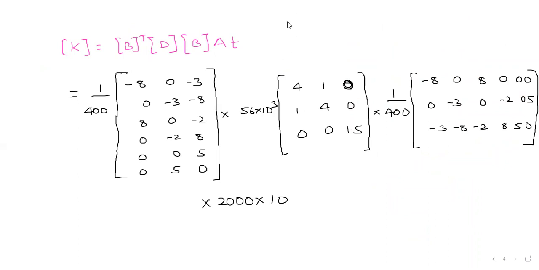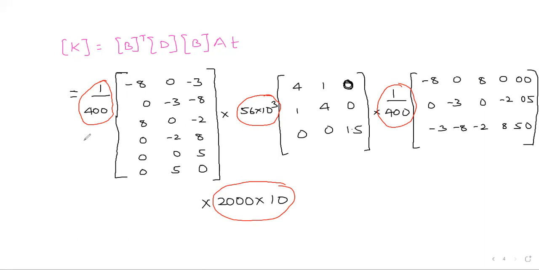Now how to calculate? That is the big question: how to calculate these things. If you see the size of these matrices, the first thing we will do is take everything outside the matrices at once.